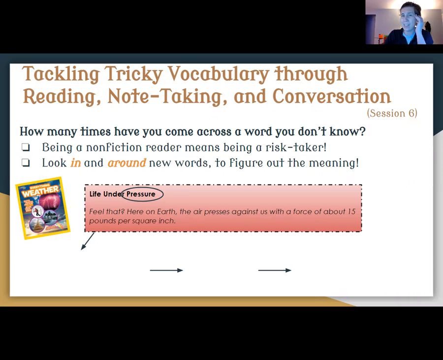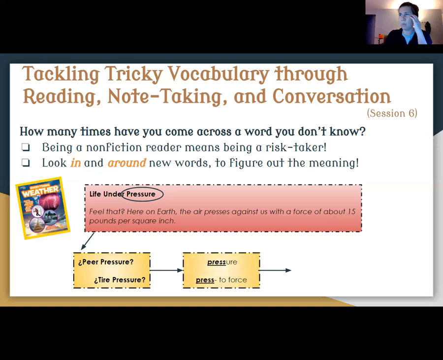So I'm reading what that says, and I'm wondering, what does pressure mean? And I'm thinking of some other times I've heard the word pressure, like peer pressure, or tire pressure. How do those things connect with what I'm reading here? Let me think. Press.